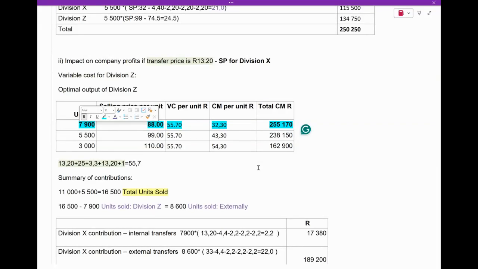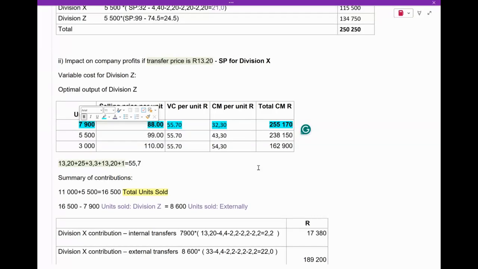under the old setup, it was 11,000 units externally and 5,500 units internally to Division Z, which gave us a total of 16,500 units, okay, being sold by Division X. Now, we're saying, okay, we're going to take up 7,900 of those units as Division Z. So how much then are they going to sell externally?